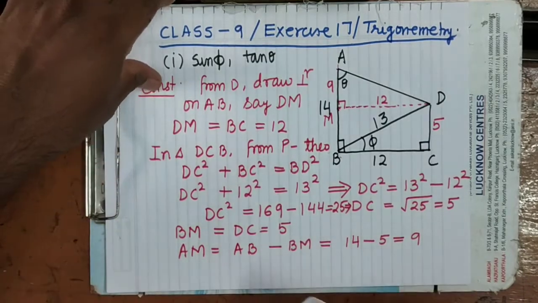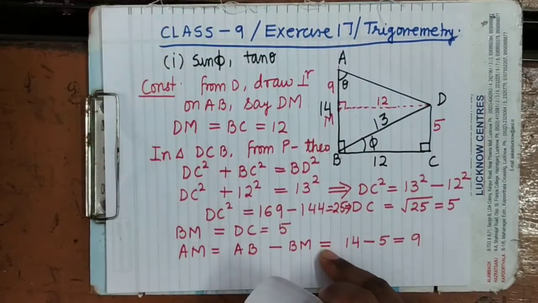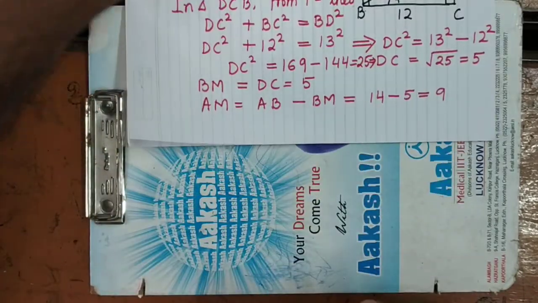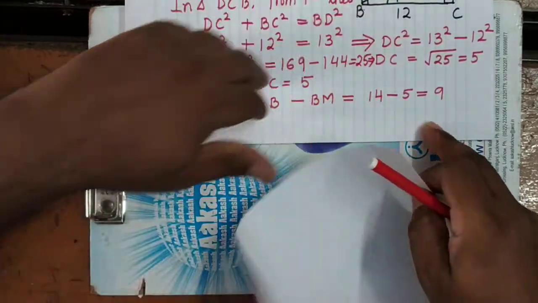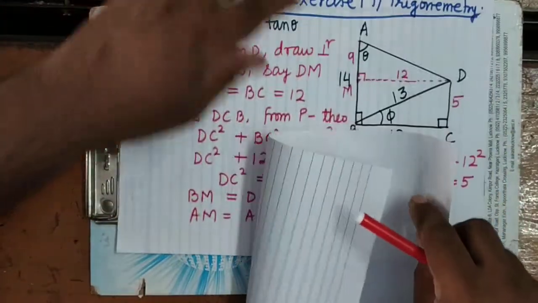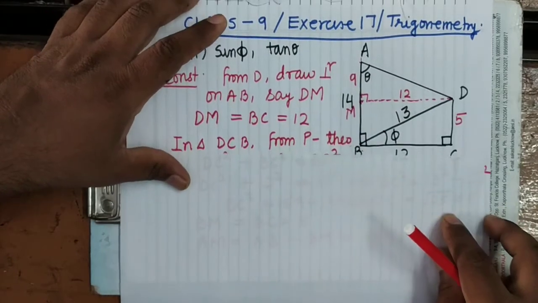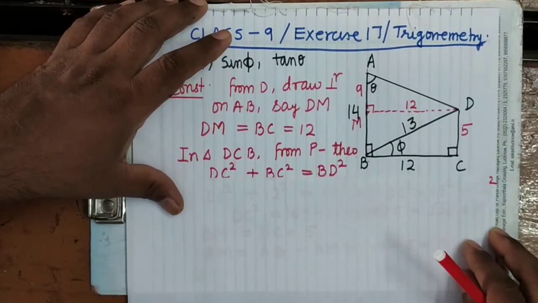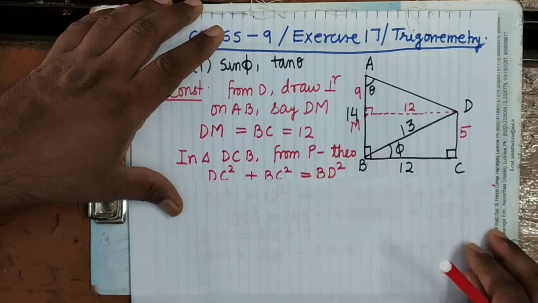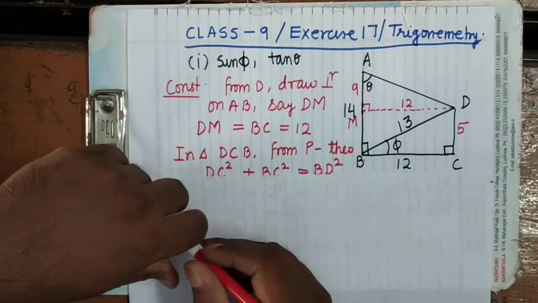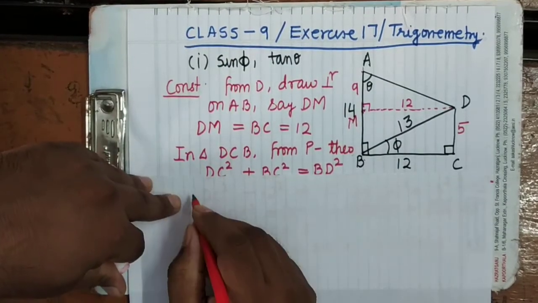Let me adjust it. Yes, now perhaps this diagram will be visible to you. It's clear. In the first part, you have to find sin phi.